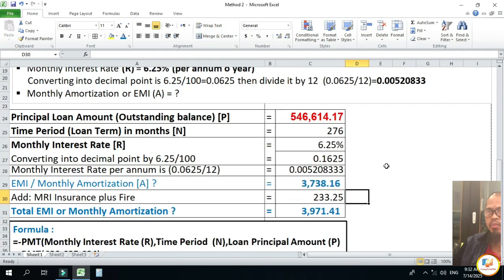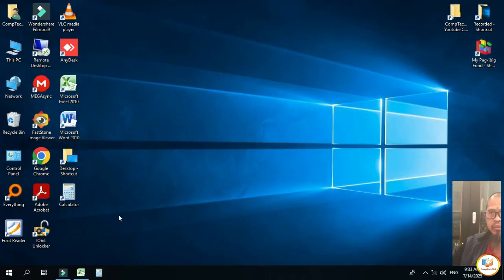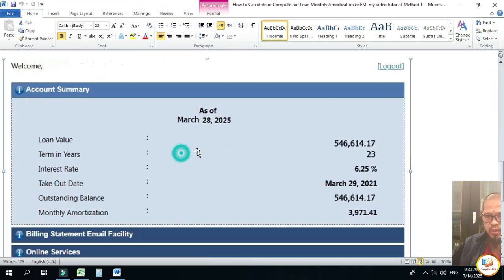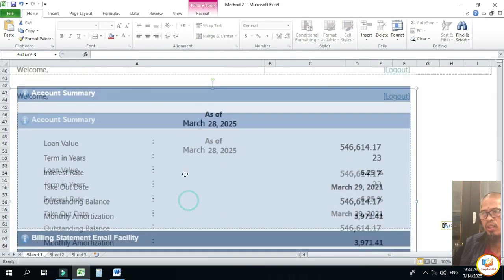So this is very easy, guys. Very easy calculation using an Excel sheet. You can calculate it in just 5 minutes. Let's look at this one. You can see 3,971.41.